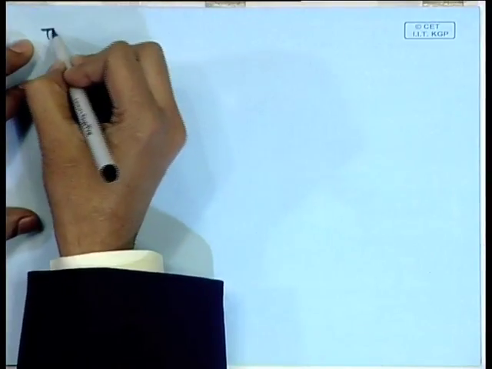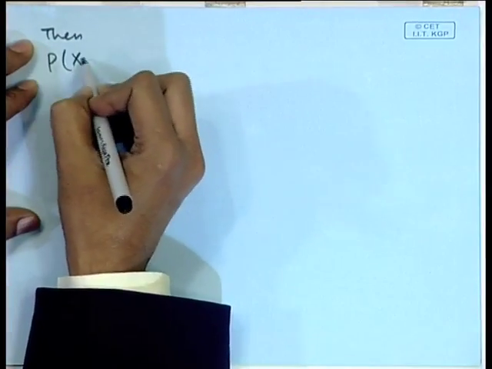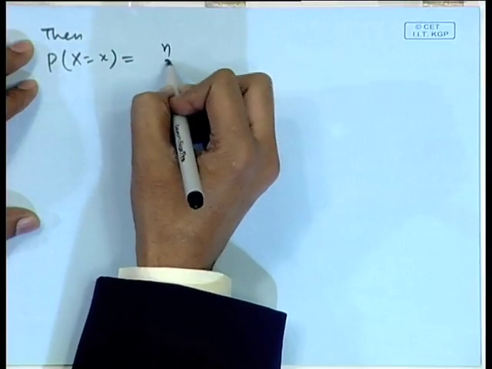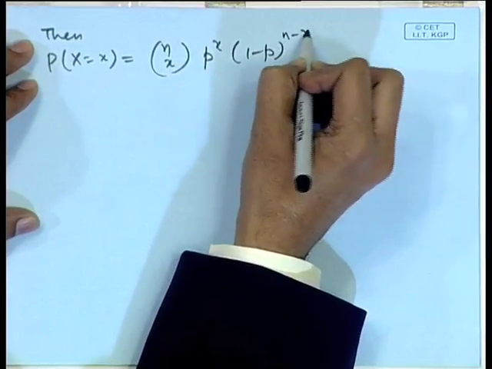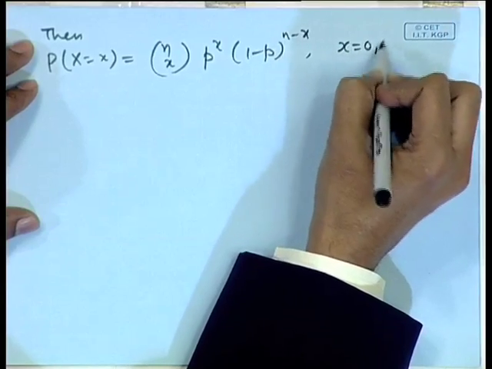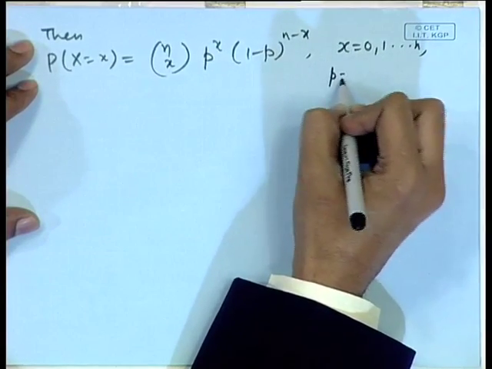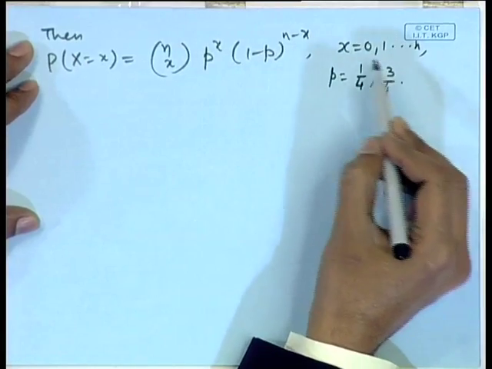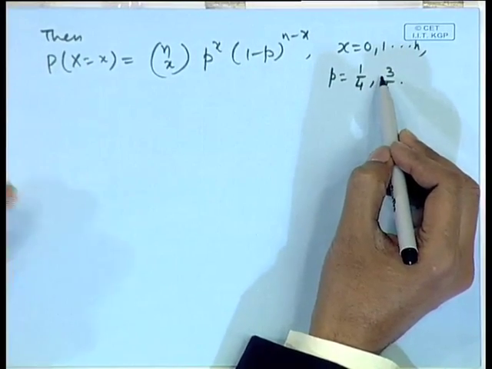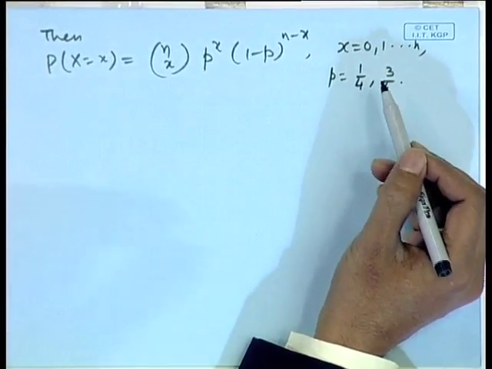Then you can write the distribution of X. Probability that X is equal to x will be n c x p to the power x, 1 minus p to the power n minus x, where x can take values 0, 1 to n and p can take value 1 by 4 or 3 by 4. So, the parameter space is restricted to two values, 1 by 4 and 3 by 4, and if we want to estimate that, then we have to conclude whether p is equal to 1 by 4 or p is equal to 3 by 4.